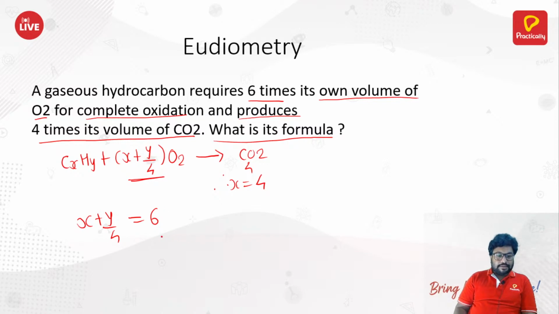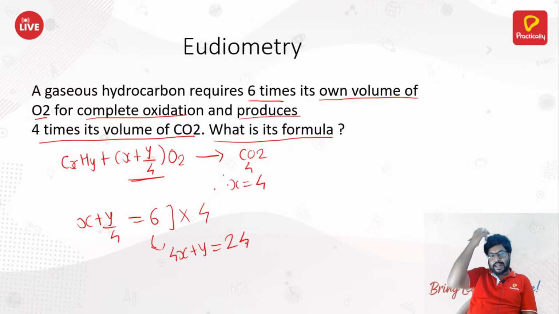Now to balance this, we need to multiply everything by 4. That would give you 4x plus y is equal to 24. Now we already know that x is equal to 4, right? Because they have already told us that it produces 4 times its volume of CO2.